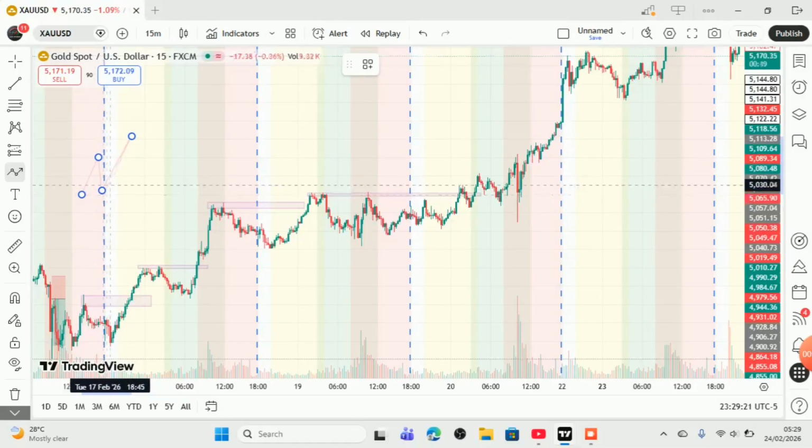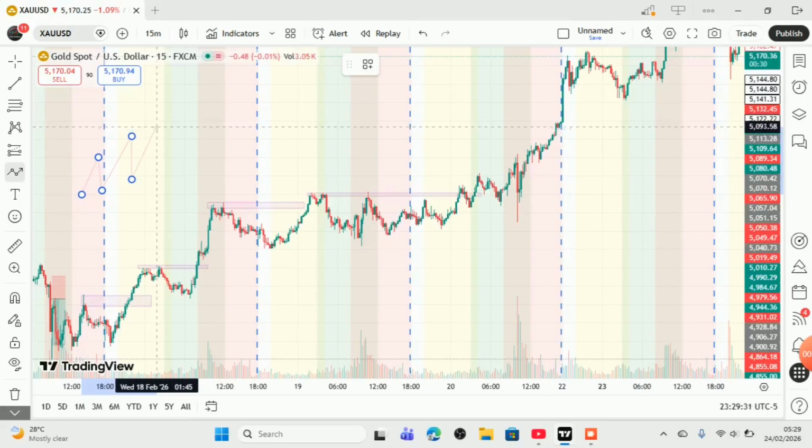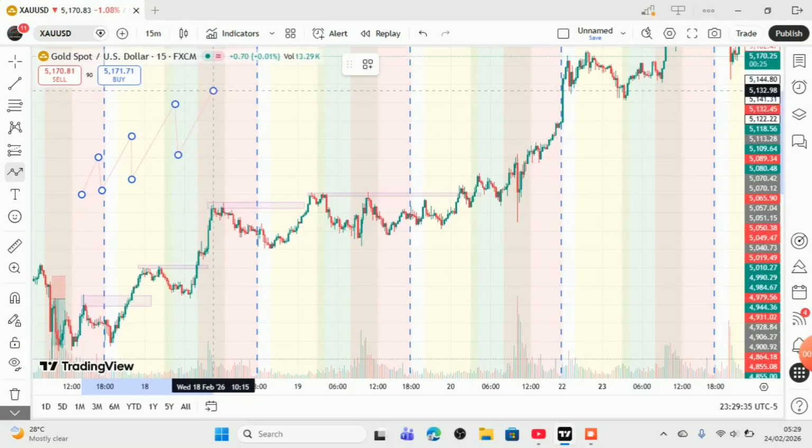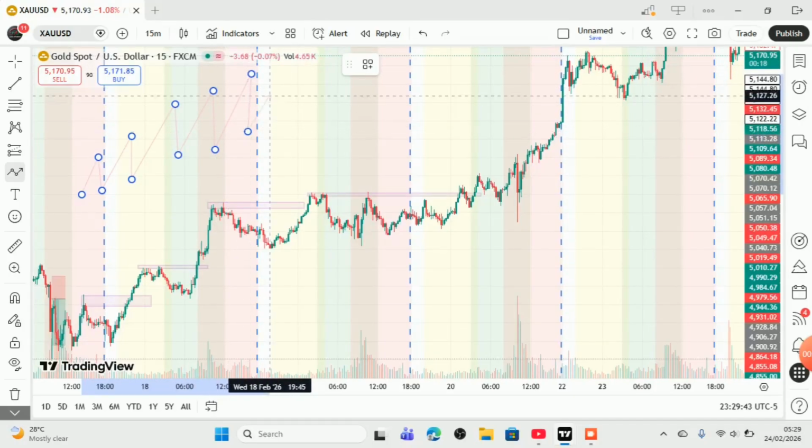It's not going to clear the lower low. Create another higher low, clear the higher high. The same thing is going to be happening once it's respecting this uptrend. This is what you are going to be expecting.